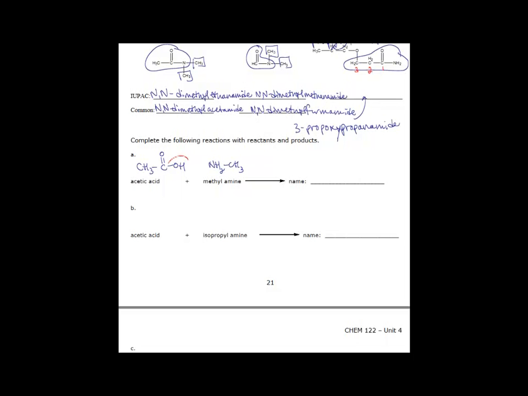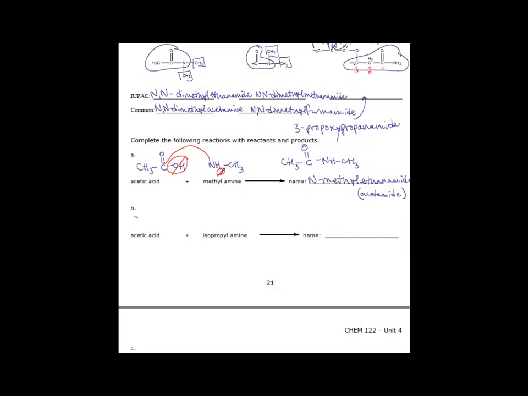So it's an amidation reaction. Get rid of water. So we get CH3, C double bond O, and NH, CH3. Name: N-methyl ethanamide or acetamide.